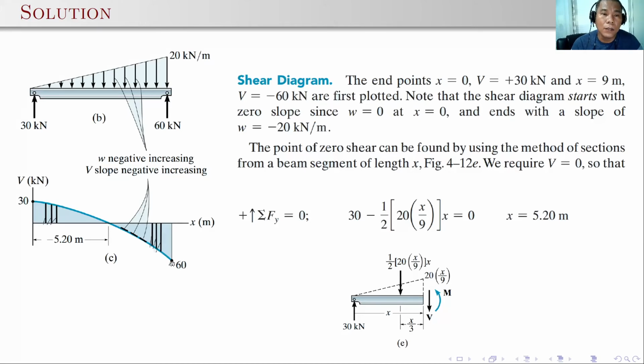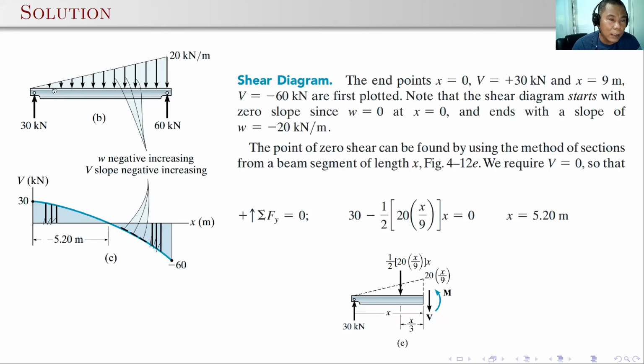Okay, note that the shear diagram starts with zero slope here. Look at here, W is equal to 0, so it starts at 0 slope, so this is horizontal here. At x equal to 0, and it will end at 20 here, so that's -20. So the slope here, from 0 to -20, is the slope for the shear diagram.